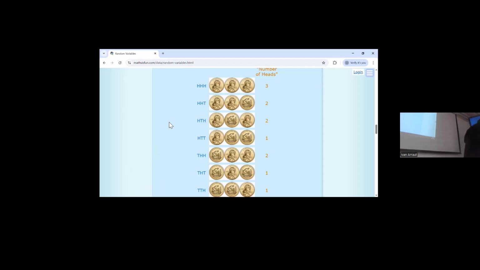The same will be for 0, because 0 will be tail, tail, tail. This is 0, and this is 3. It will also be 1/8. But what if I ask you x equal to 2?